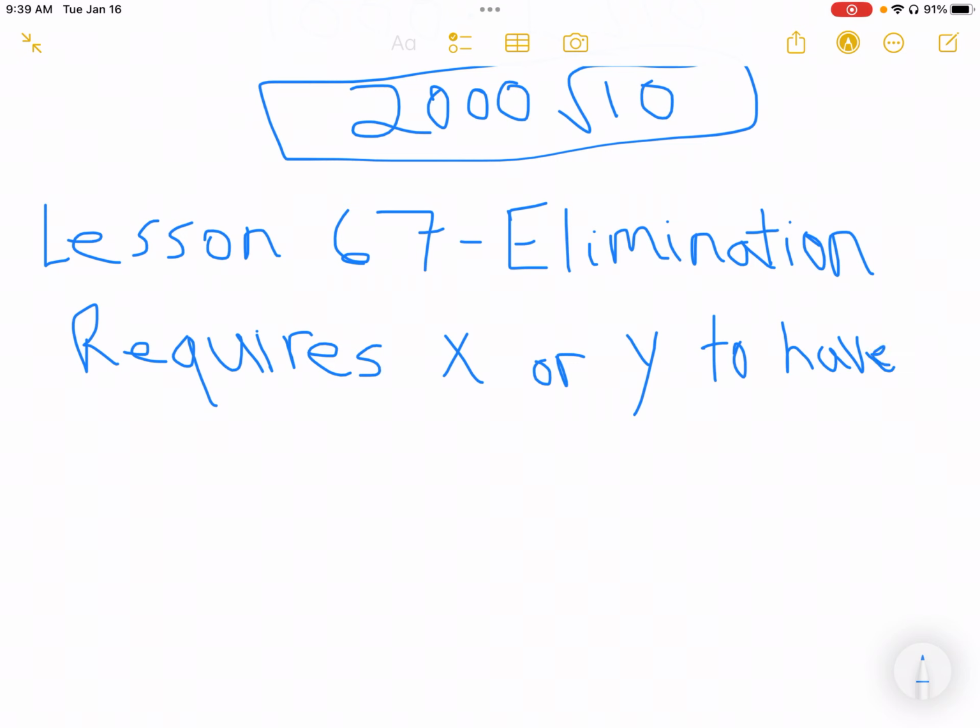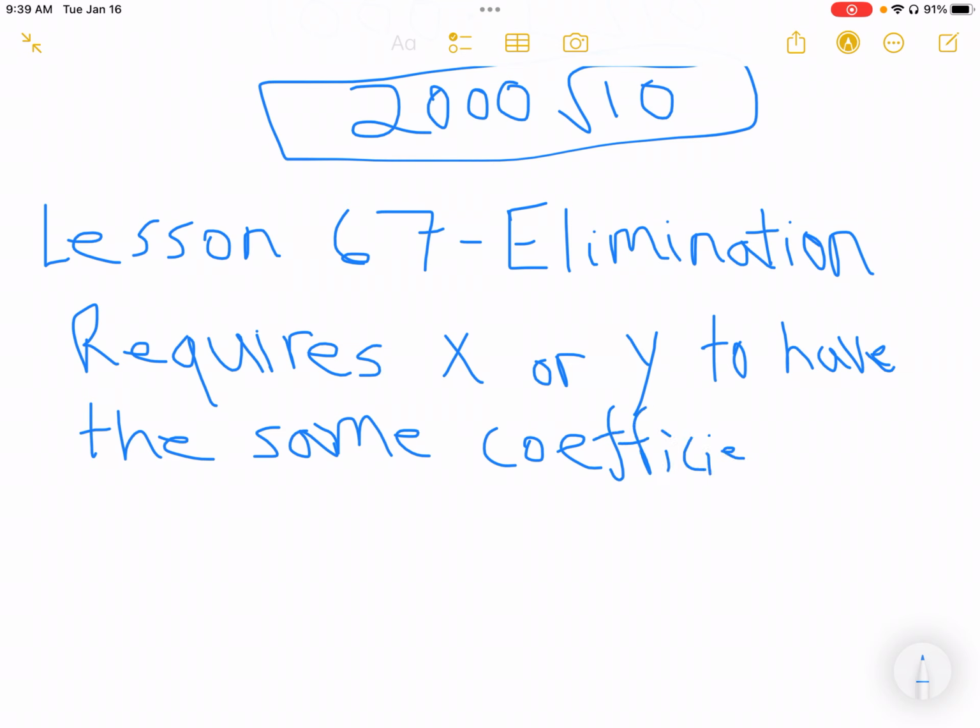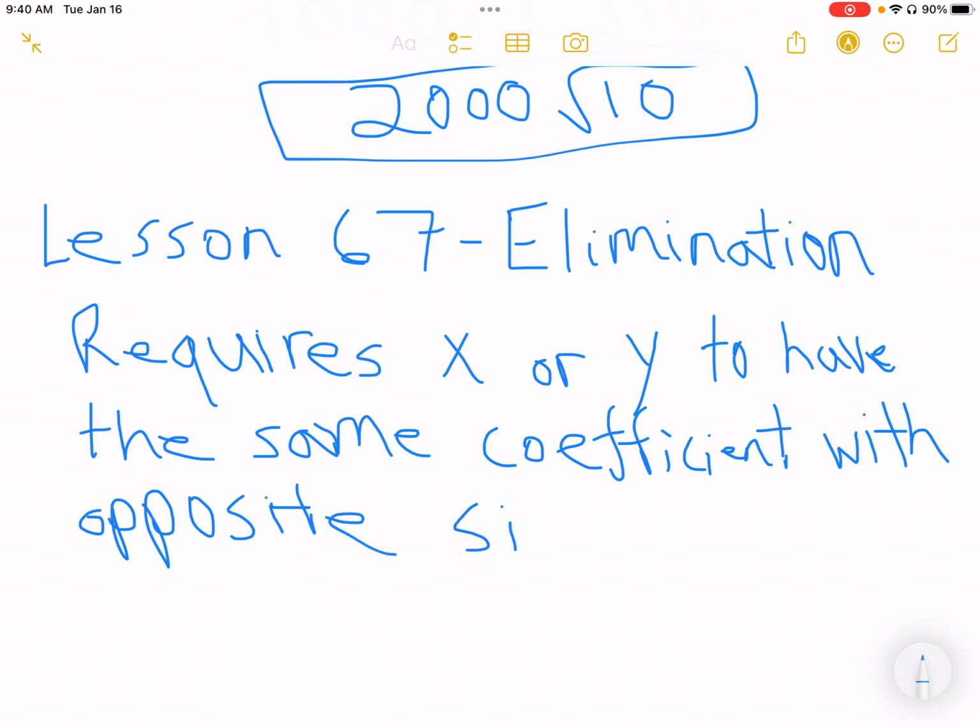Okay, so opposite signs. So you say, okay, coefficients.